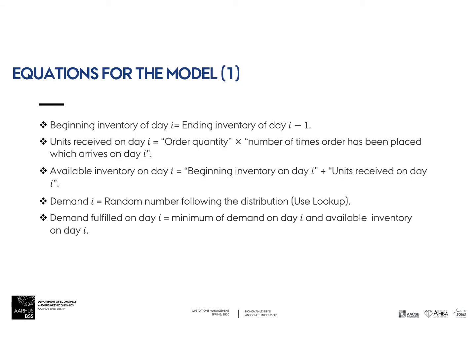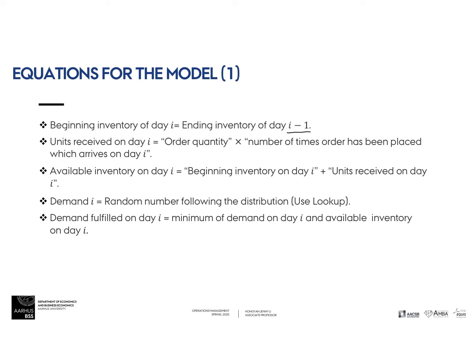So in order to construct the model, we actually need to have several important values. So here we're talking about the beginning inventory of day I. It also equals the ending inventory of the day before, I-1.